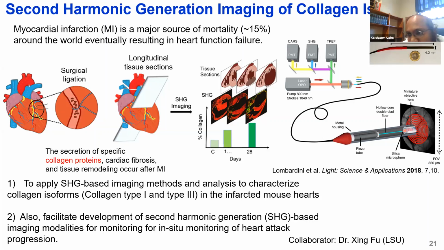You can also look at other disease models which involve collagen isoform distribution or a secretion of collagen proteins, along with image analysis, because you want to extract information so that you can interpret the data. Early detection of heart attack is a key area of research: how early and precisely you can detect it.